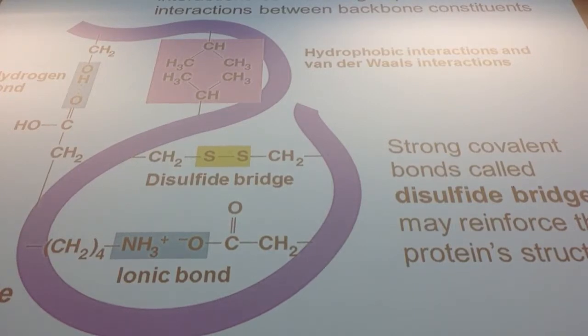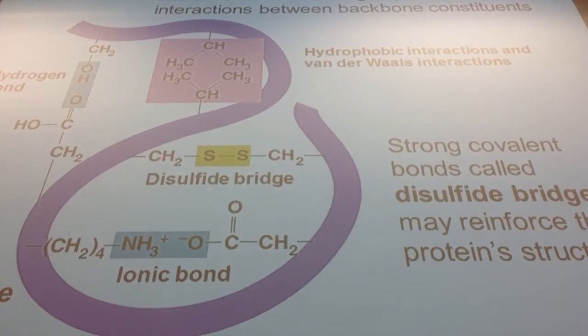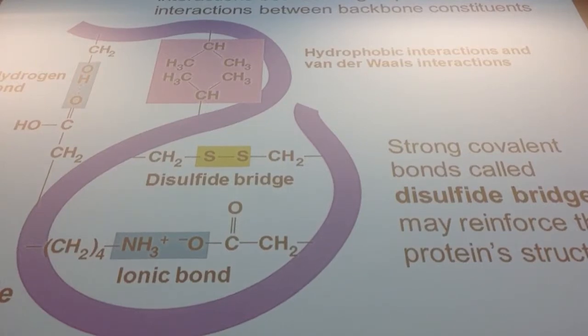interactions among side chains. Also, this is where you can find the formation of a covalent bond, the disulfide bridge. The disulfide bond is the only covalent bond found in a tertiary structure. It is also the only covalent bond found within a quaternary structure.